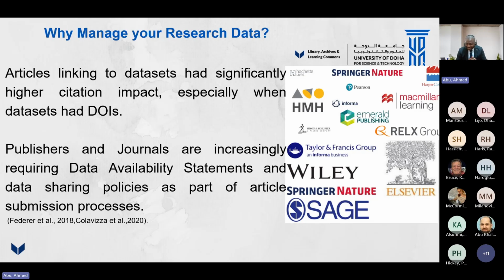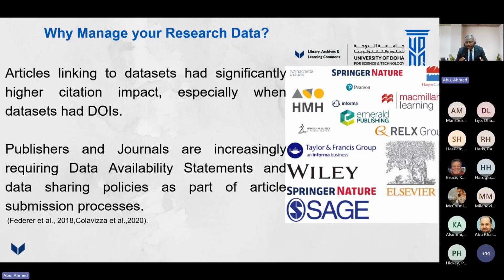So you see, there's a reason why we should have proper data management practice. Again, you realize that these days publishers, journals, and funders are requesting data availability, for authors or researchers to declare their data as well as share their data policy. You understand?